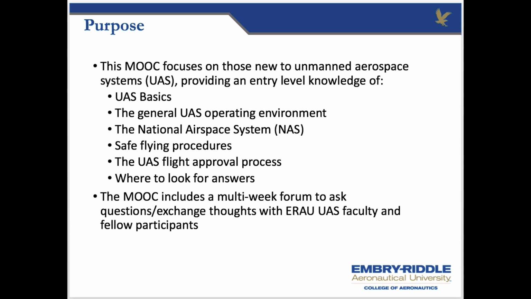We'll also look at the COA process, or Certificate of Authorization process, as a whole, and really how public entities and commercial entities differ in their ability to fly and to get the approval process through the FAA and to fly their aircraft within the National Airspace System.